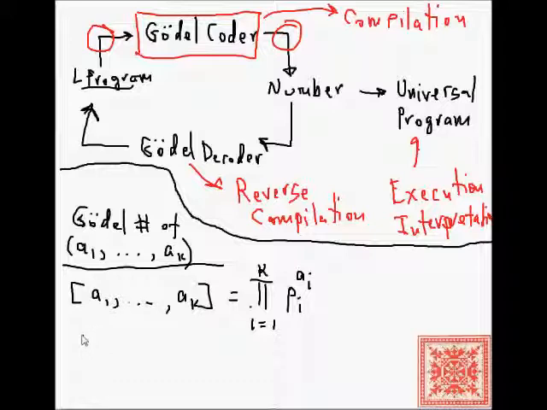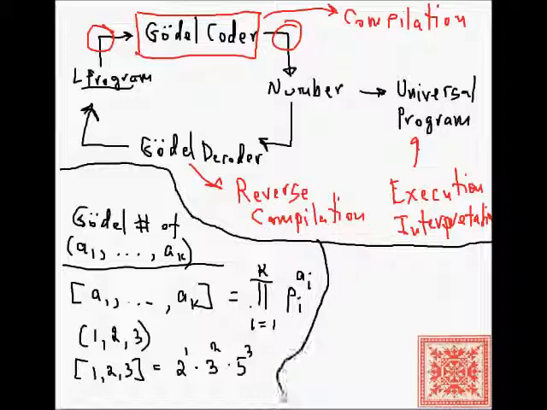So the first prime is raised to the power of a1, and then the second to the power of a2, and so forth. For example, the sequence 1, 2, 3 corresponds to the Gödel number 2 to the first, times 3 to the second, times 5 to the third.